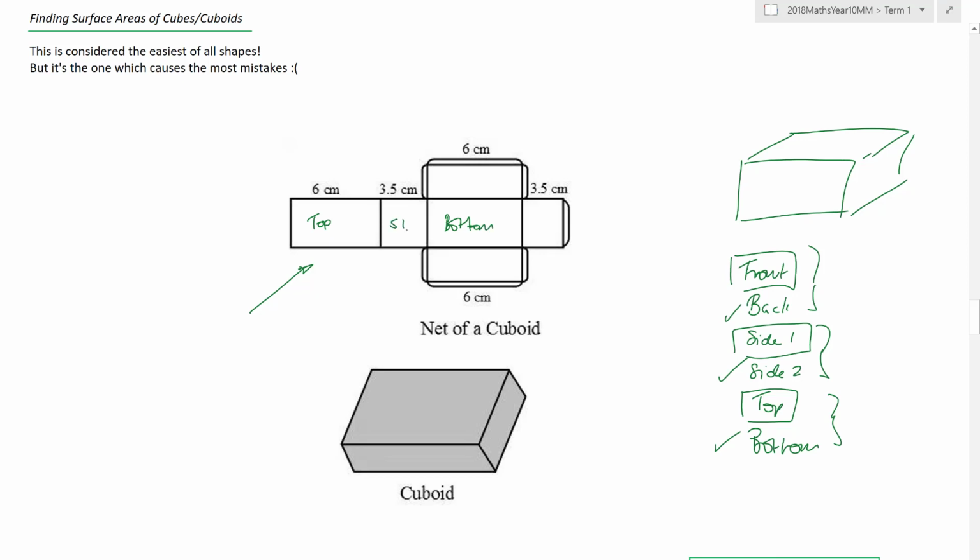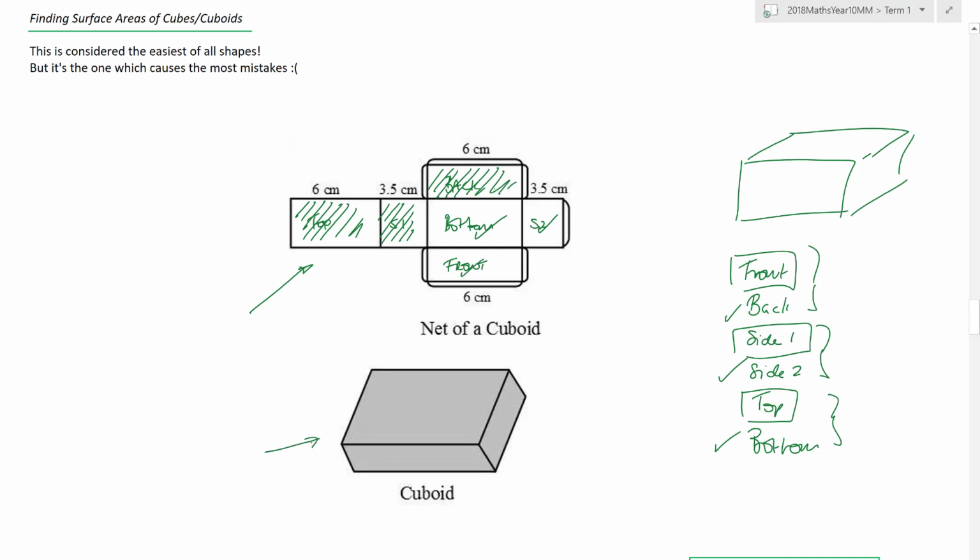This would be side 1, that would be side 2, this would be the front, and this would be the back. And again, in each situation now, I would use the information it had given me to find the surface area. I'd use this to find the area of the top, and I know then I'd have the area of the bottom. I'd use this to find the area of side 1. I know I've got the area of side 2, and I would look at this to find the area of the back, for example, and I would know I've got the area of the front.